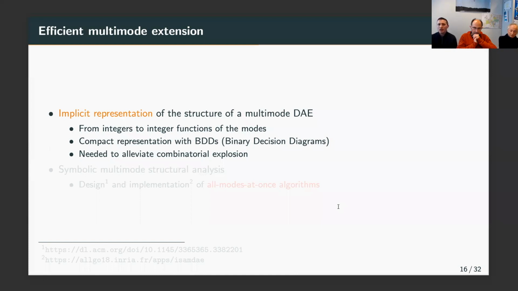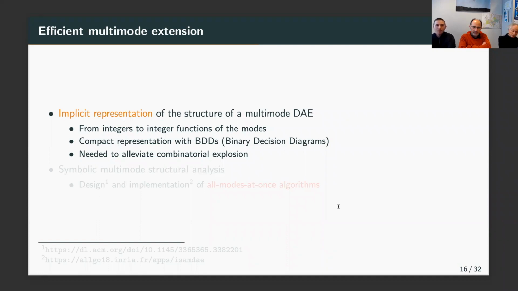And so we got help from binary decision diagrams, a data structure that's actually more from the verification side. These binary decision diagrams are a helpful data structure for representing the structure of a multimode DAE system in a compact way and providing efficient ways of computing on them.